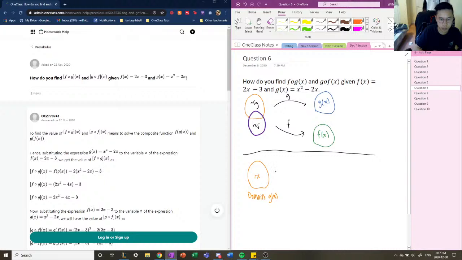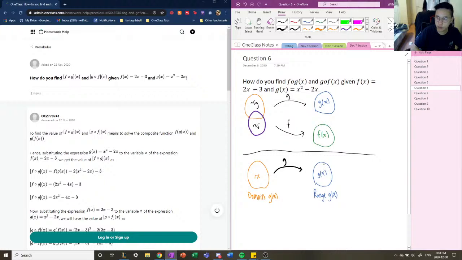A compositional function works by applying the function g first and producing what we have as the range of g, which is g of x. So I'll denote this as g of x, the range of g of x.